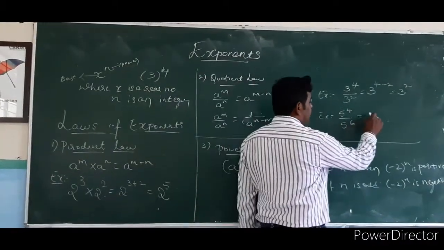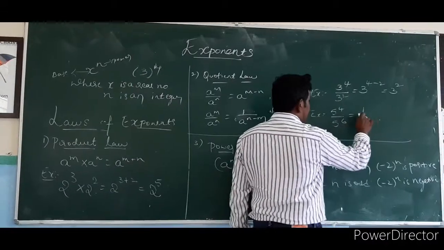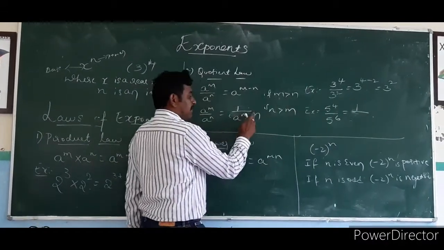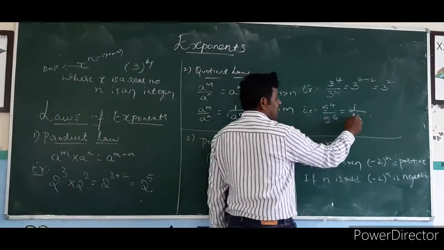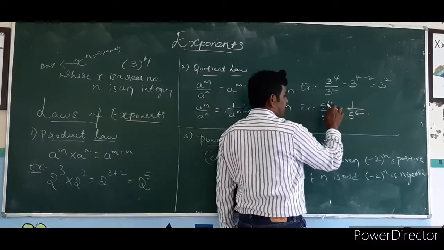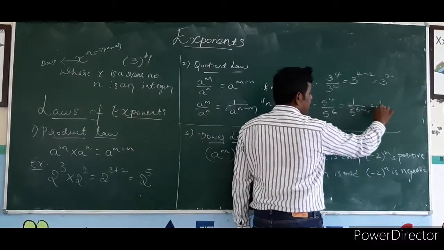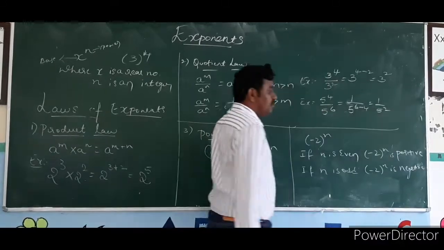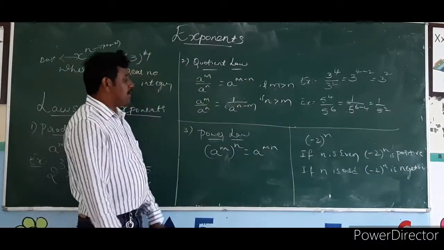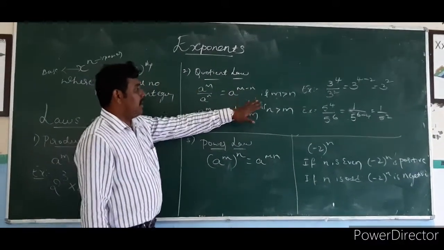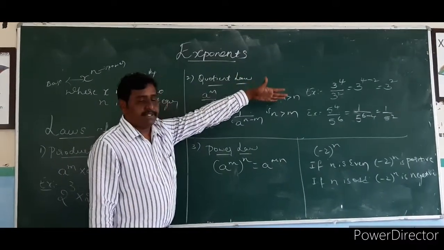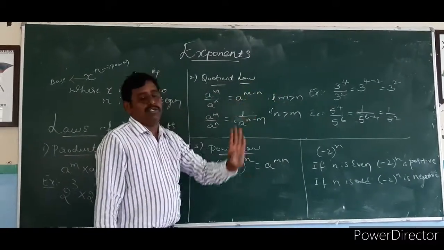So what happened here? 1 divided by n minus m. What is n here? 6, minus what is m? 4. 5 to the power of 2. By using this quotient law, we can write the expressions in the form of quotient law.